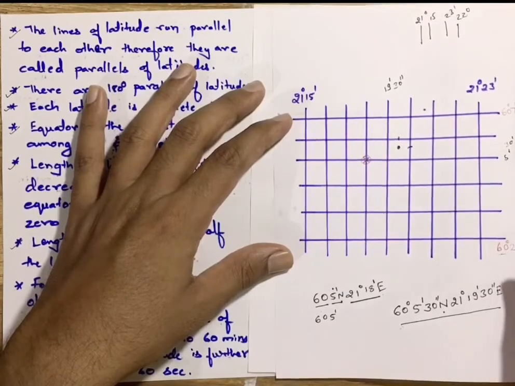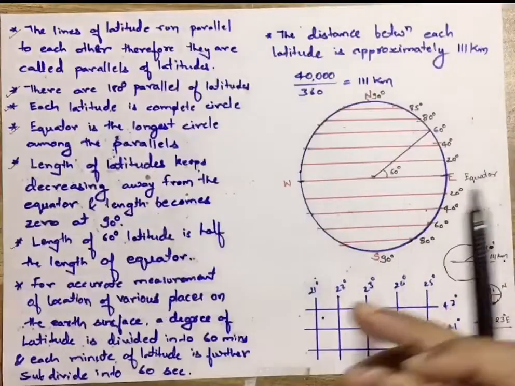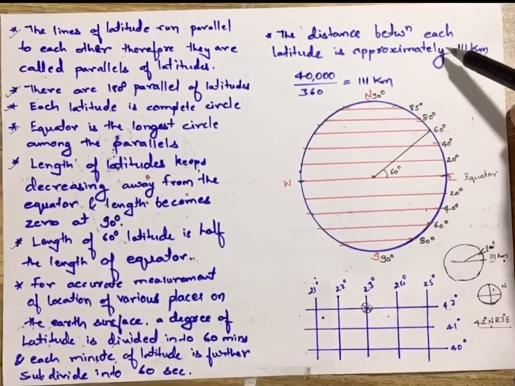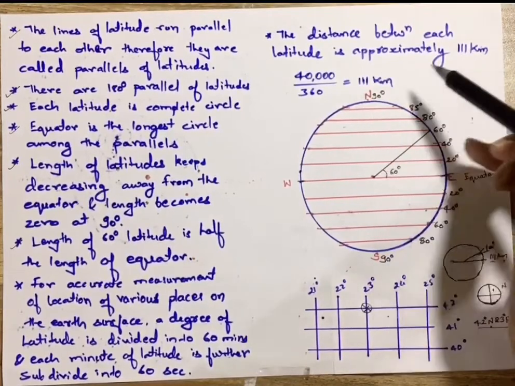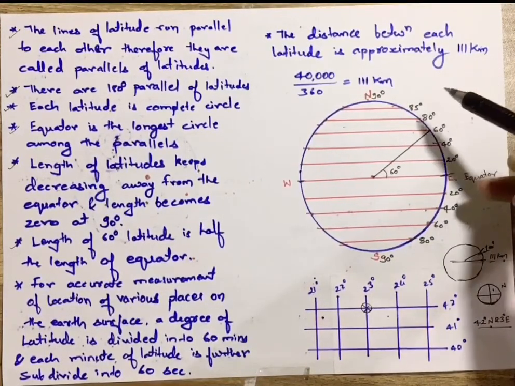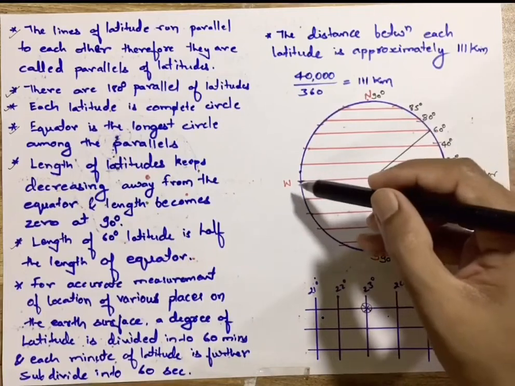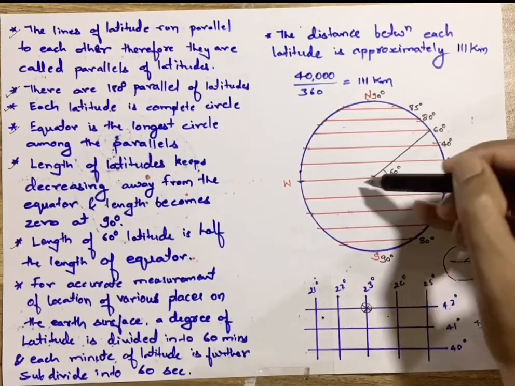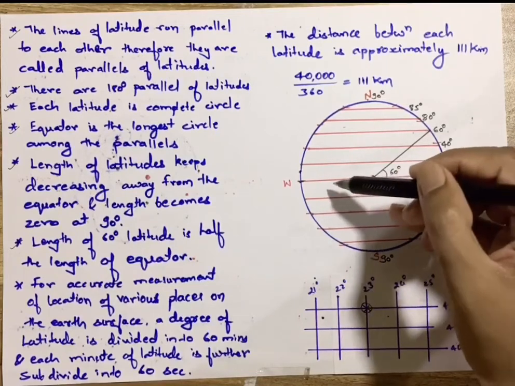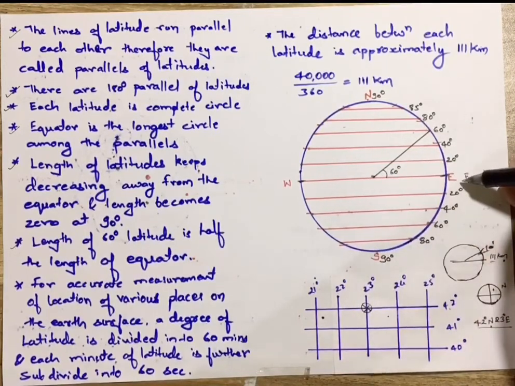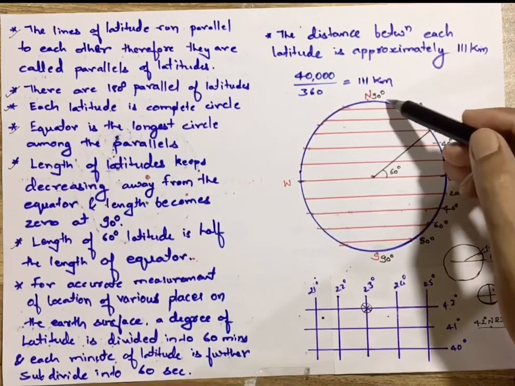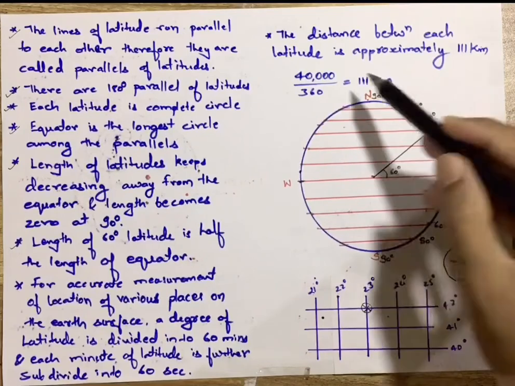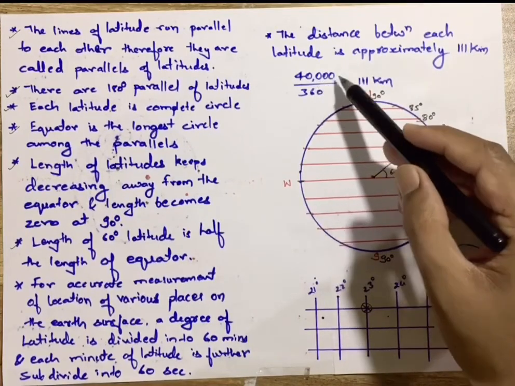Now moving on to the next point, the distance between each latitude is approximately 111 kilometers. Students, in the beginning of the lesson we had seen the length of the circumference near the equator was 40,077 kilometers, right? But if you talk about the length of the circumference through the poles, it is 40,000 kilometers.